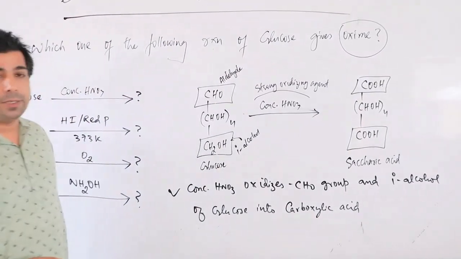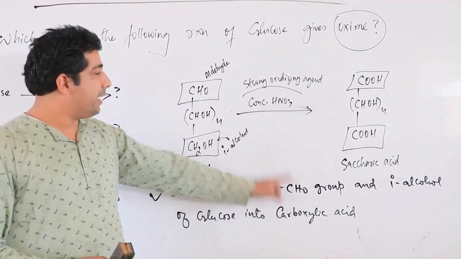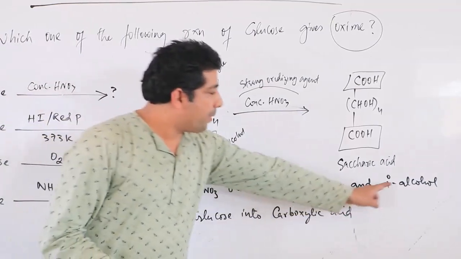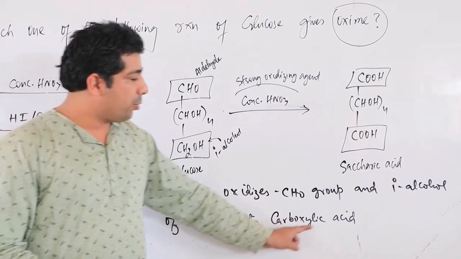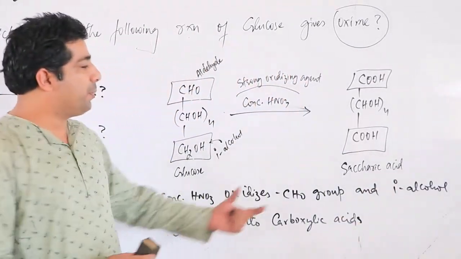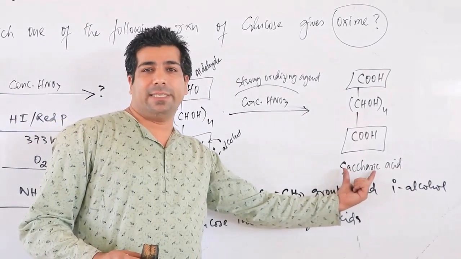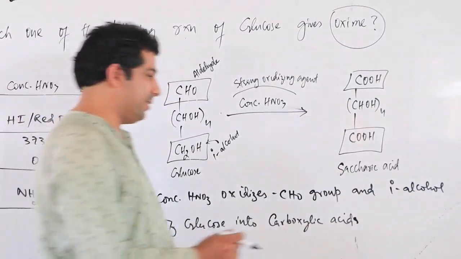Okay? So my dear friends, concentrated nitric acid oxidizes the aldehyde group and primary alcohol CH2OH of glucose into carboxylic acids. Okay? And what is produced here? Saccharic acid is produced. Okay? Which results in the formation of saccharic acid.